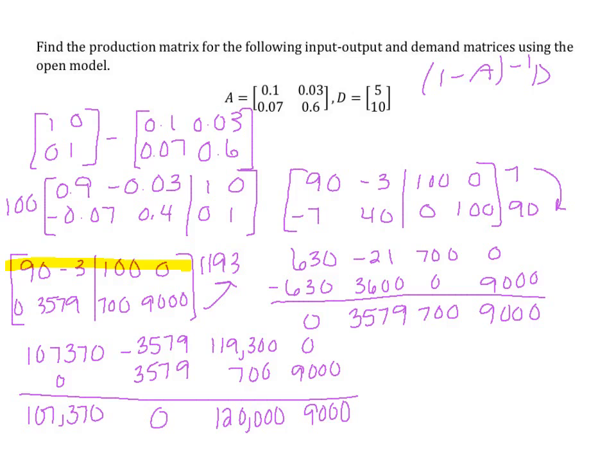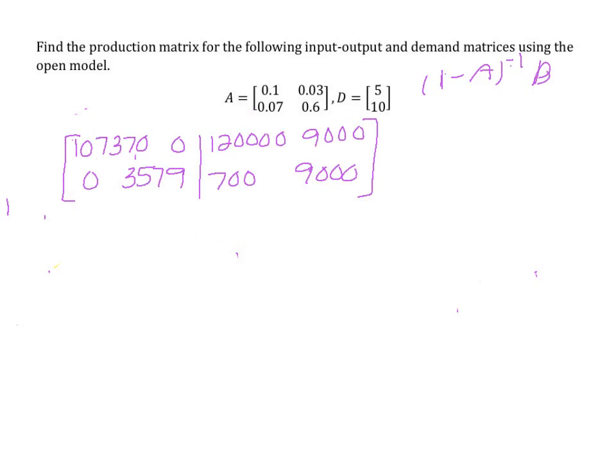I'm going to replace my top row with my new number here. So then we can kind of finish it up. So here I've replaced my top row with all those large numbers. We need to get our diagonal equivalent to 1.